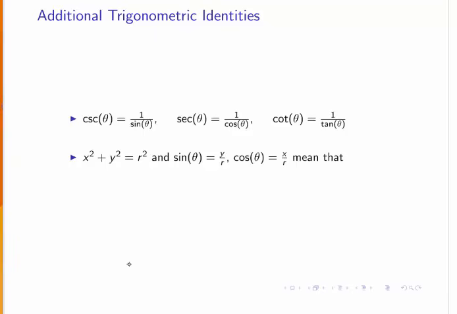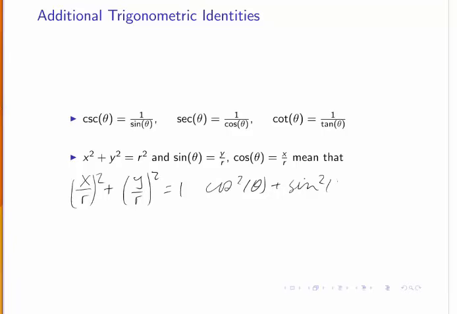In particular, if we take this formula and we divide through by r squared, then we have x squared over r squared, or we can write that as x over r squared, plus y over r squared is equal to 1. And if we remember the formulas for sine and cosine, this gives us cos squared of theta plus sine squared of theta is equal to 1. This is a useful formula to remember.